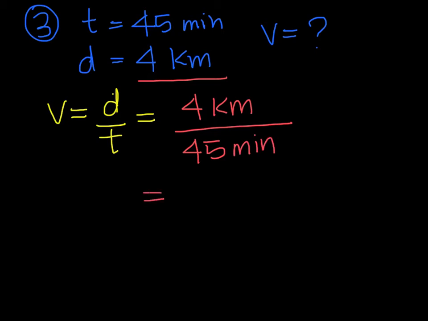But there's a problem. It tells us to give the velocity in kilometers per hour. What? So we've got to do something. This is going to give us minutes. We need hours. So let's back up.